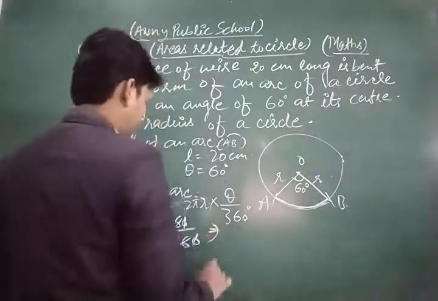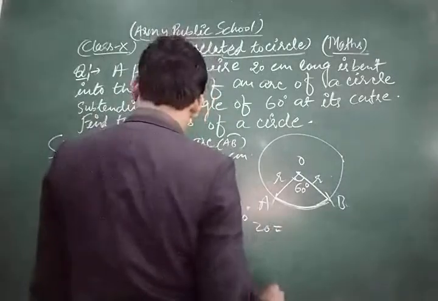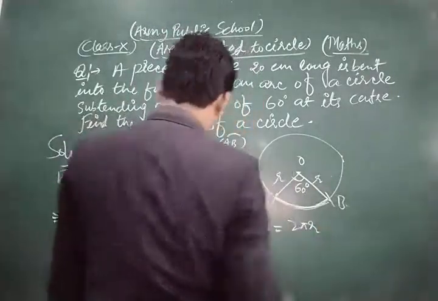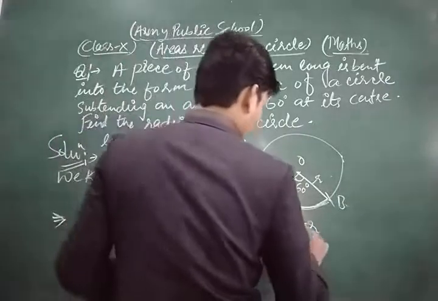So we have 20 is equal to 2 pi r upon 6.